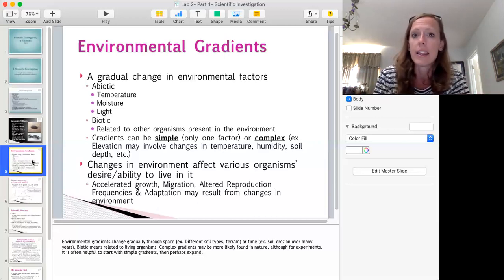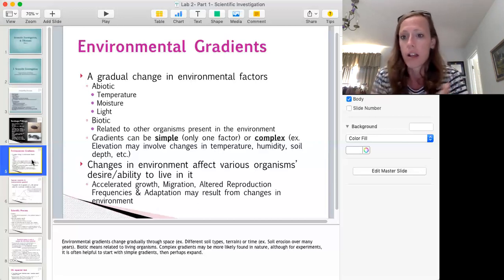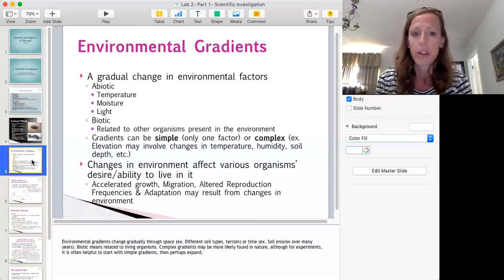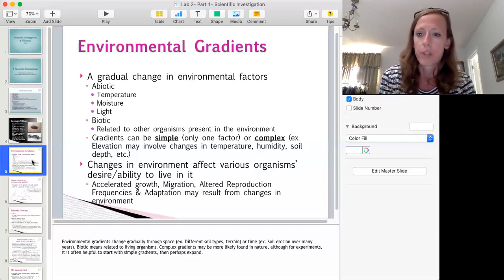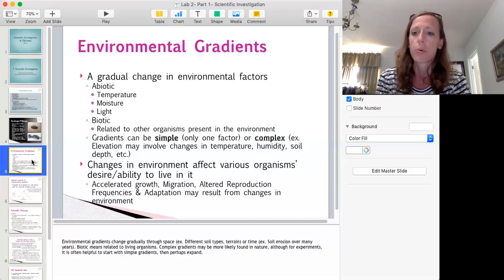That would be overall a better living environment for them than a less ideal environment where the characteristics are not as beneficial to the growth or the reproduction and viability of these animals.